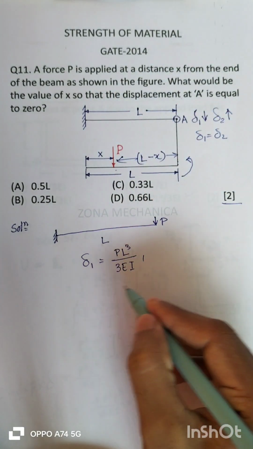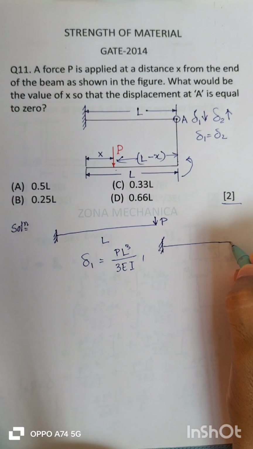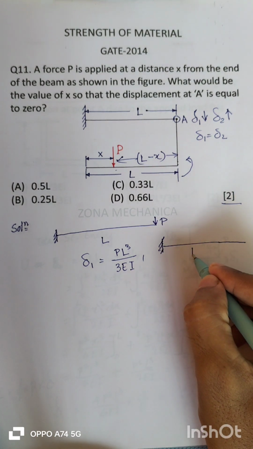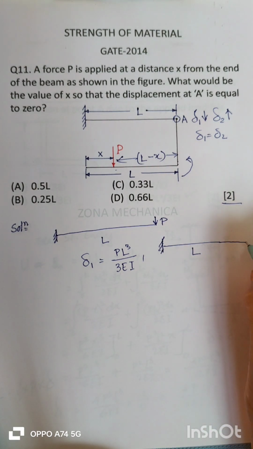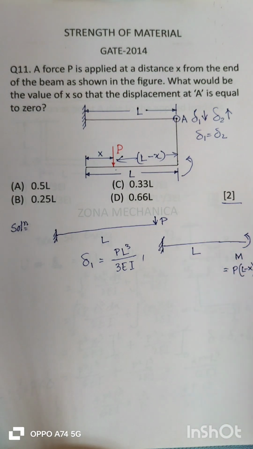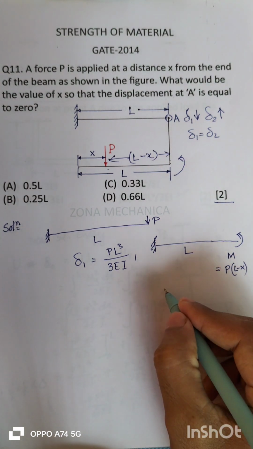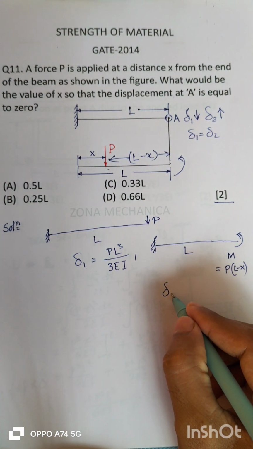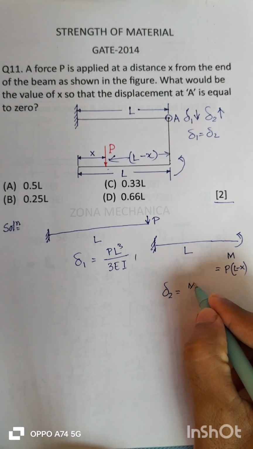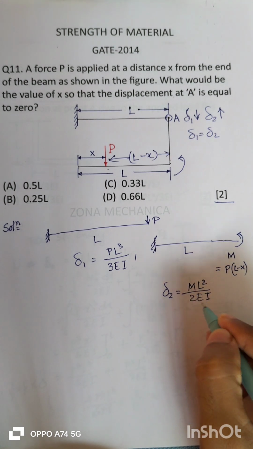For the second case, we can assume a cantilever beam of length L with a moment acting like this, M, which is equal to P into L minus X. It will create a deflection upward which will be equal to M L square by 2 EI. This is one more standard result.